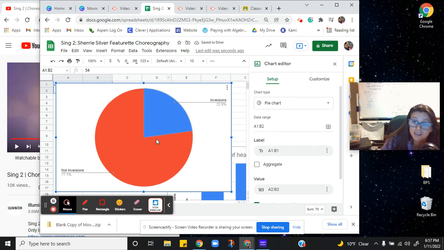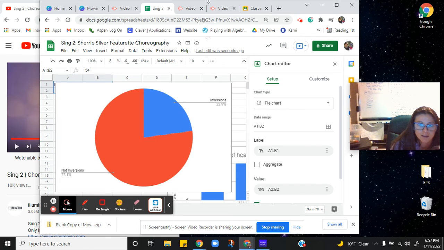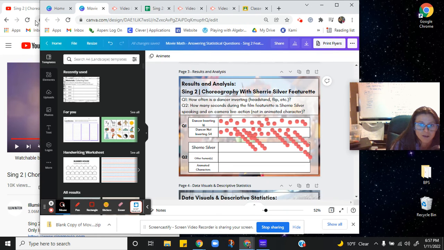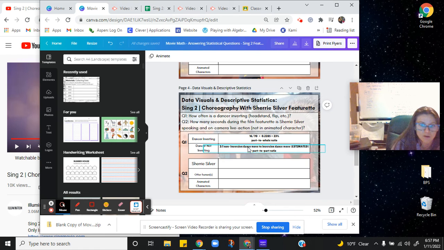The chart suggests I use a circle graph here just to show the percentages. But remember, that doesn't make too much sense because like 22%, can you have half a dance move? I don't think so. So these are some of the data visuals you might consider when you have frequency counts.